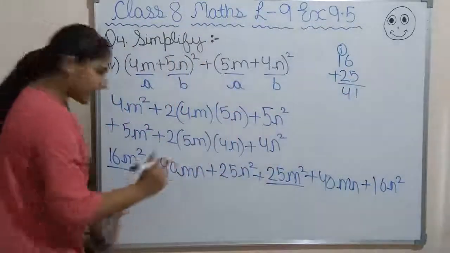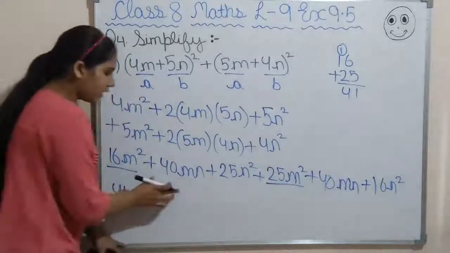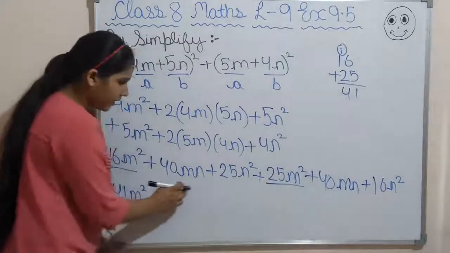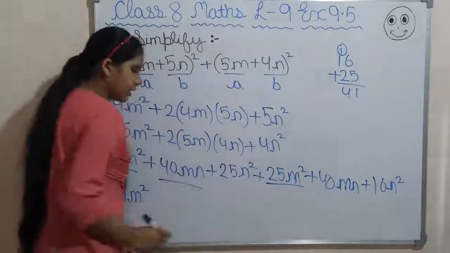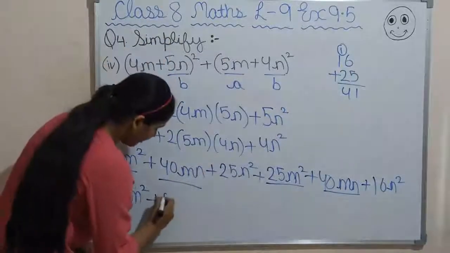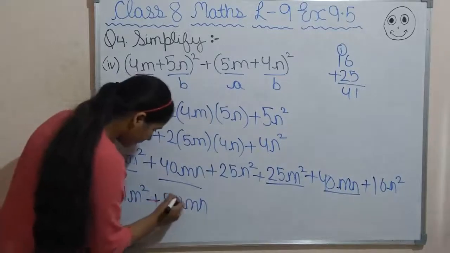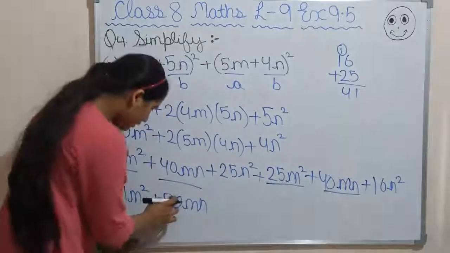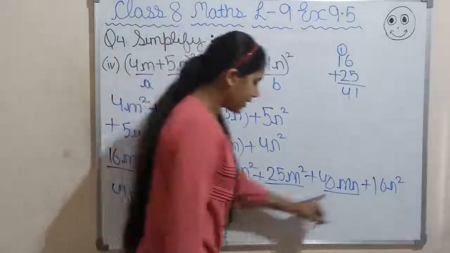In both m square is there, so we can write it as 41m square. Then plus 40mn, it's here. So we can add it, plus 40mn and this plus 40mn. 40 plus 40 is 80mn. Then plus 80mn.